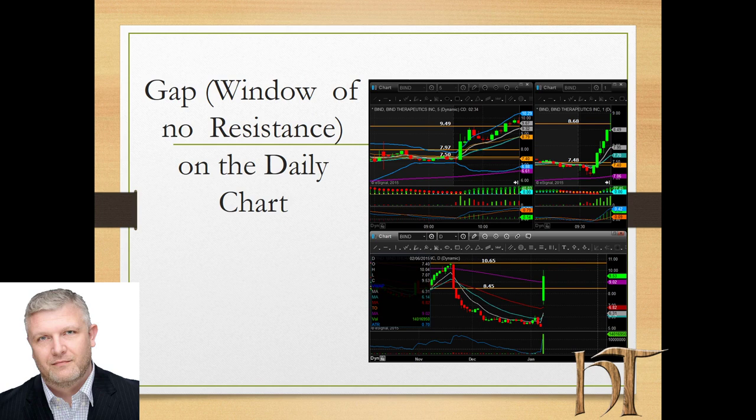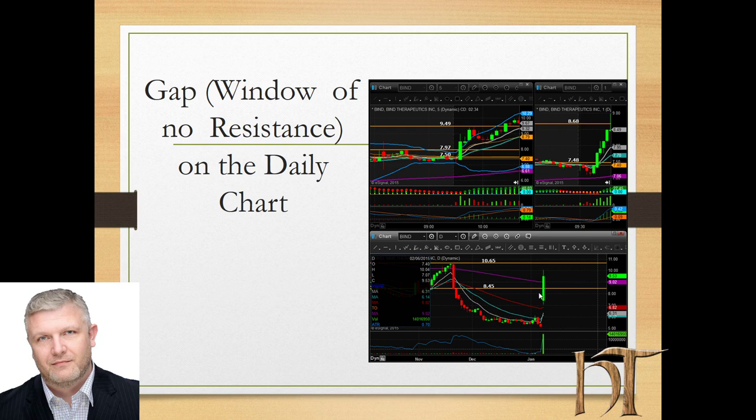Now, this one here is an example of a stock that we traded before, and it was gapping up. It opened at 727, and where was the first big trigger? It was 845, and then 1065.